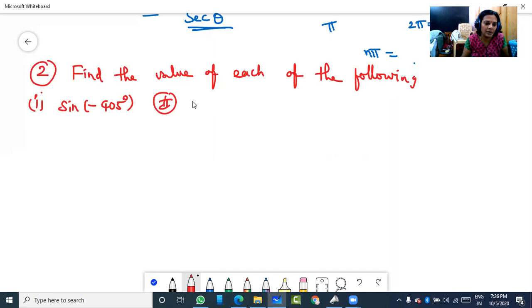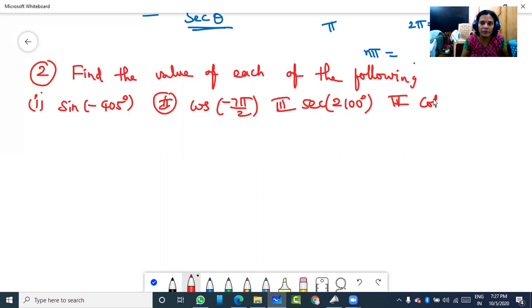Second one, cos of minus 7π by 2. Third one, sec of 2100 degrees. Fourth one, cot of minus 315 degrees.